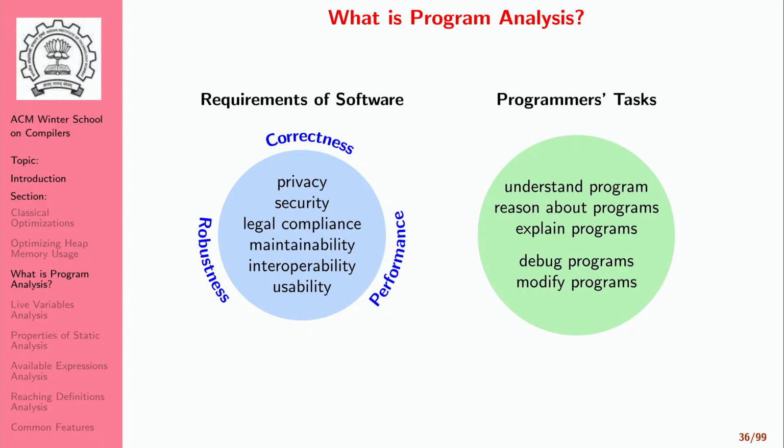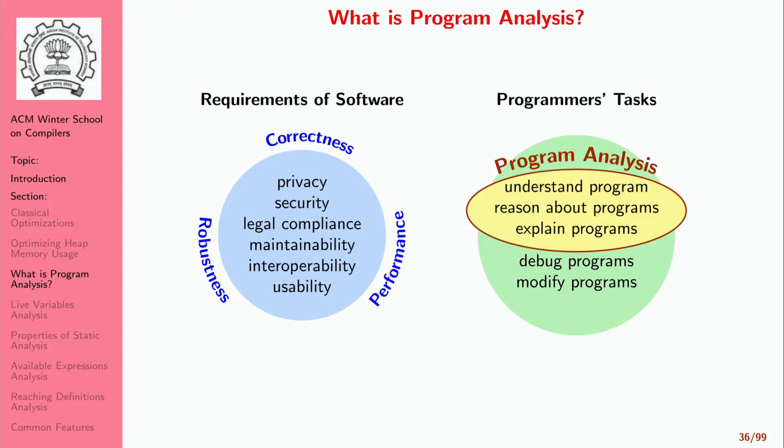And a programmer is supposed to be able to debug programs and modify programs. So there are certain requirements, and these requirements are met by a programmer doing the following tasks. Program analysis deals with the first of these three. Program analysis helps a programmer in understanding the program, in reasoning about the program, and in explaining the program.